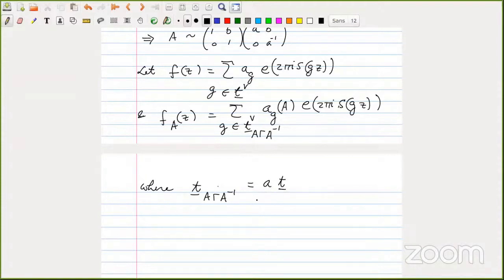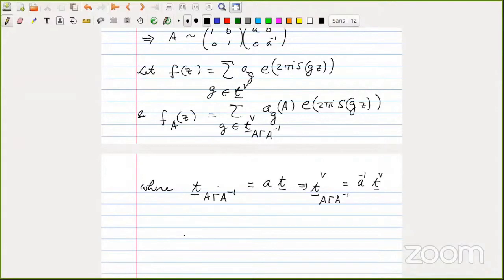And this will imply a similar thing for the underlined A gamma A inverse 12, which is equal to A inverse of D underlined 12. So these are some simple checks.